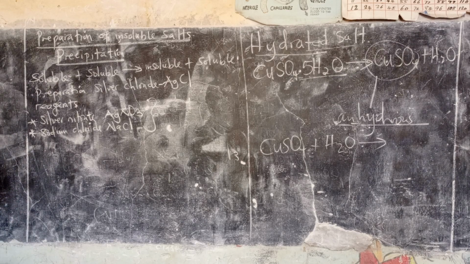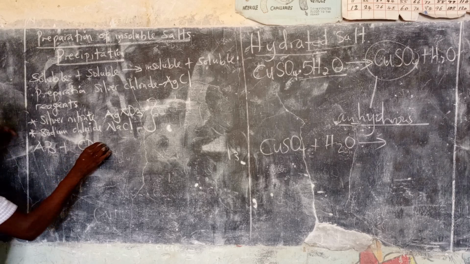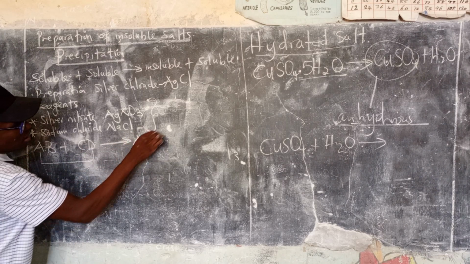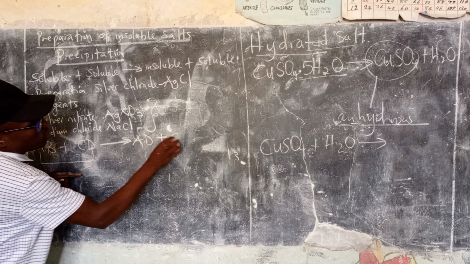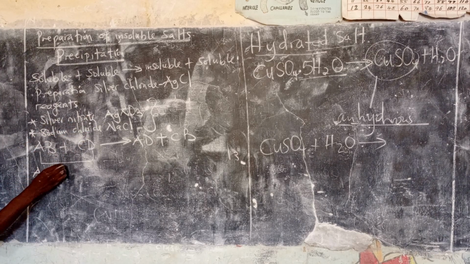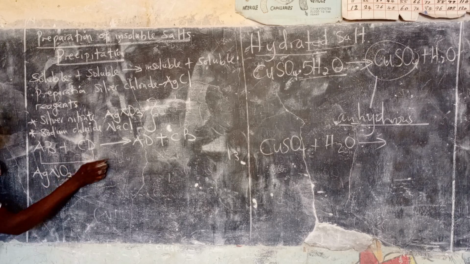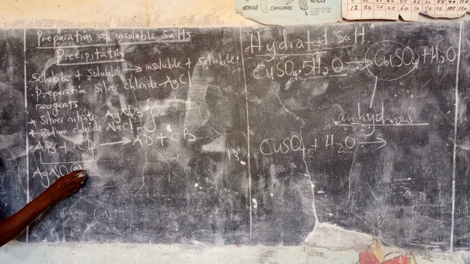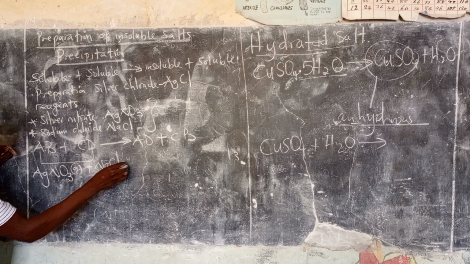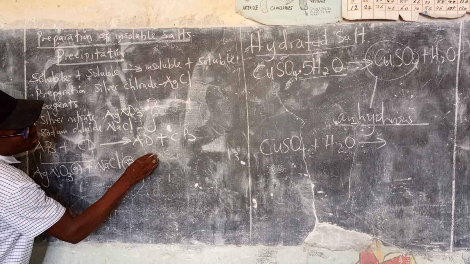According to what I explained at one point, we said AB plus CD, the answer is A goes with D, so we get AD, plus C goes with B. Let's react now. We're reacting silver nitrate and also sodium chloride. So we get silver nitrate plus, this is aqueous because it is soluble, plus sodium chloride, which is also aqueous because it is soluble.